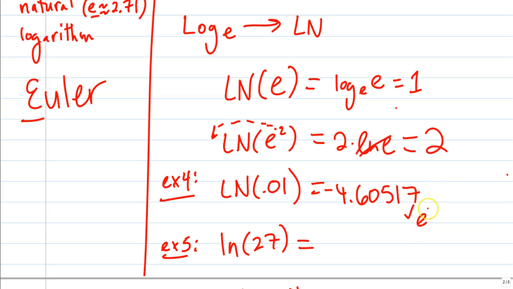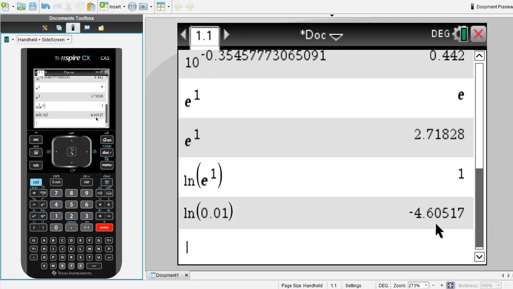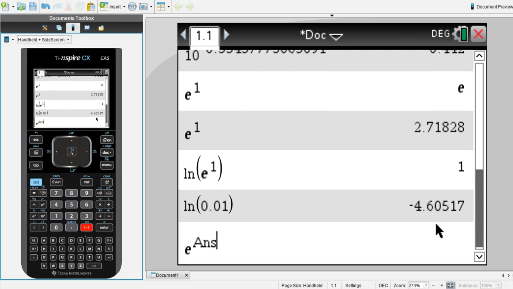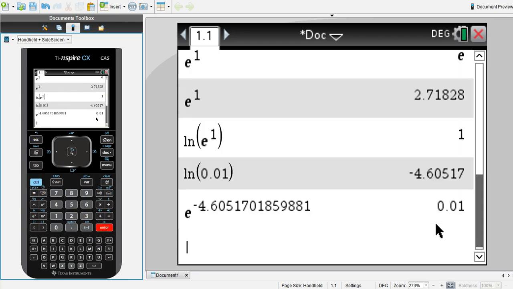Does e to the negative 4.60517 equal approximately 0.01? Let's check it. e to the answer should be 0.01. That crazy number raised to that other crazy number gives us 0.01.